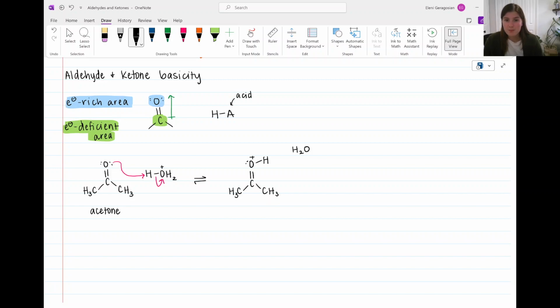Now, when we form this product, we have a protonated oxygen, positively charged oxygen. We can shift the location of the positive charge through resonance, where we can say that in another resonance structure, the oxygen atom owns the electrons in the pi bond.